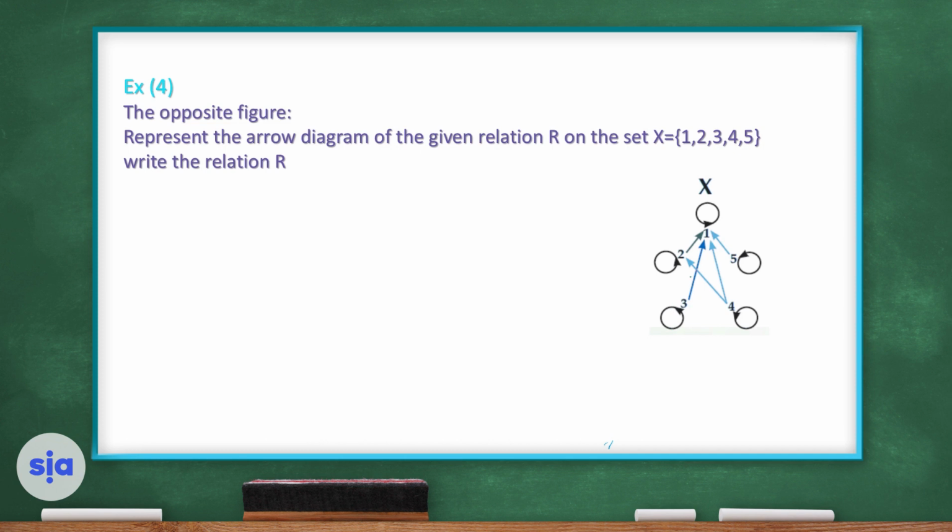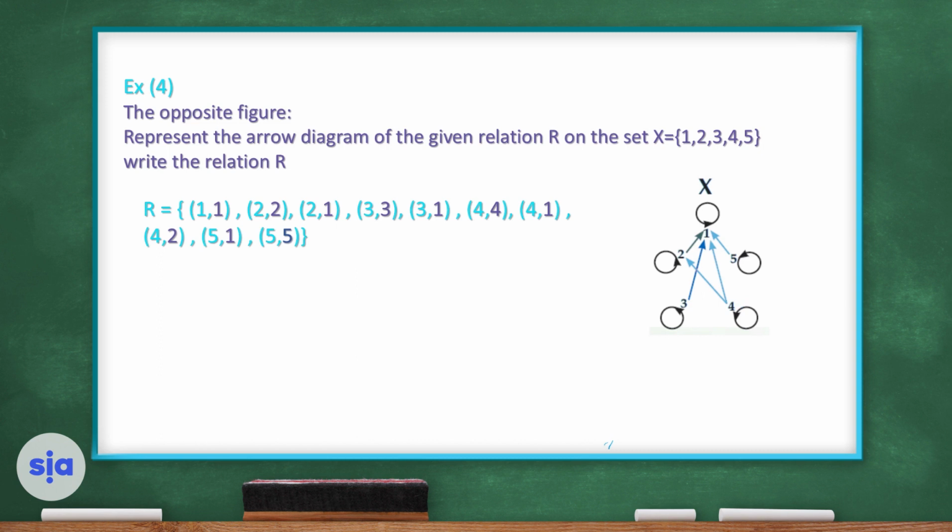And then there's an arrow going out from the 3 to the 1, so it's (3, 1). The 4 has a circle, so it's (4, 4). And the 4 has two arrows coming out, (4, 1) and (4, 2). And the 5 has a circle, so it's (5, 5). And then there's a line or a ray coming out of the 5 going towards the 1, so it's (5, 1).